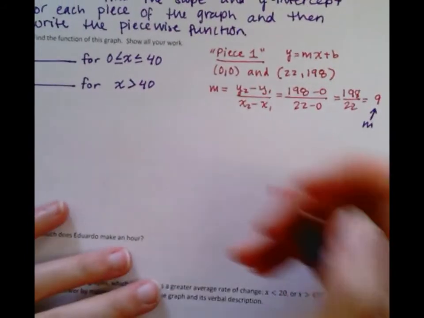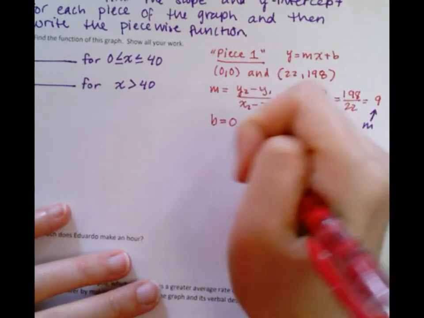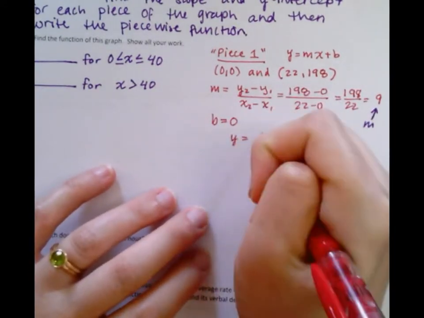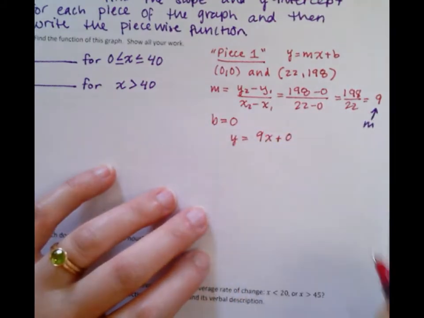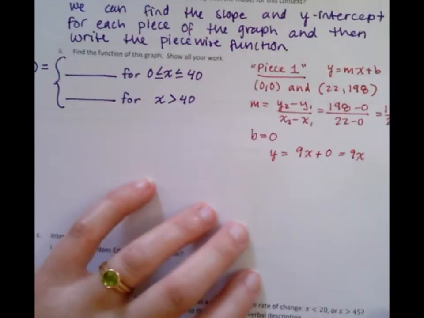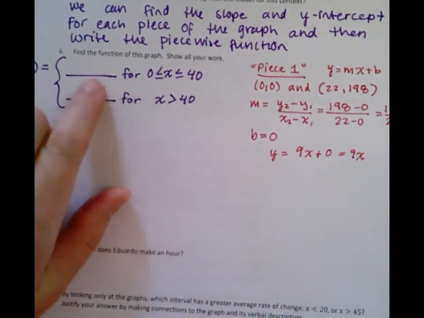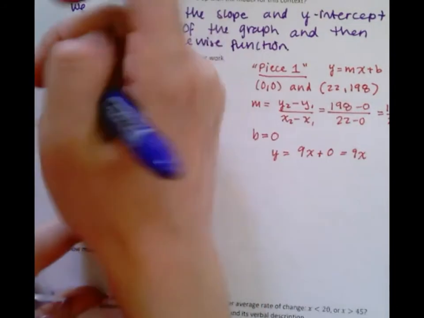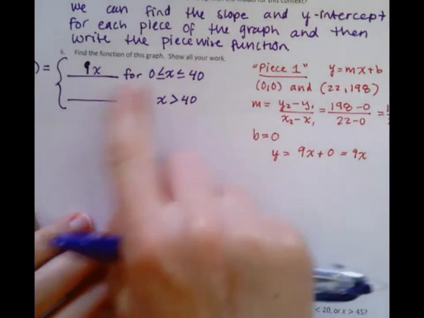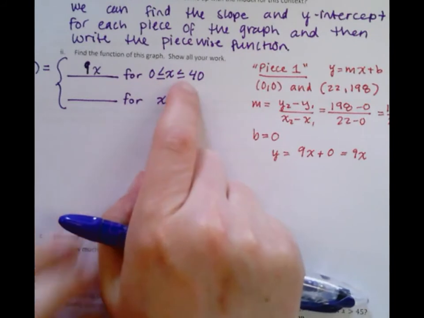So that means my b value is just 0. So the whole equation would be 9x plus 0, and that's just 9x, right? That's going to be the first piece of my piecewise function over here. I'm putting in 9x for x between 0 and 40.